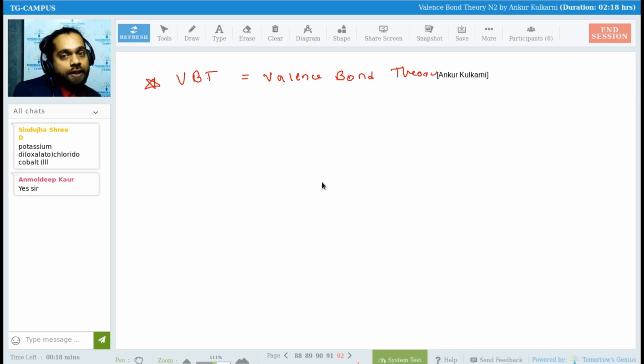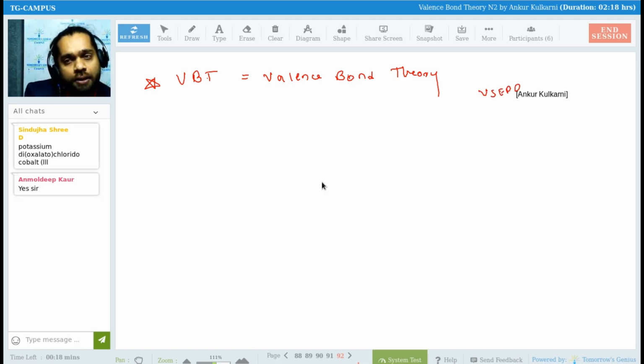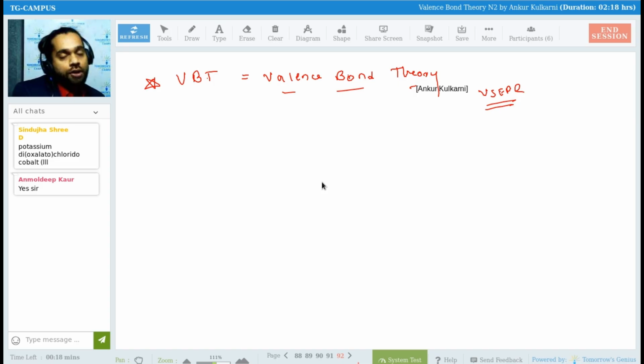Valence bond theory. We have done VSEPR in the booster batch also. So similarly, we have something called valence bond theory. Now valence bond theory, as always, we do it with the metals with variable valencies. So I'll just give one example of valence bond theory and then we'll wrap it up.